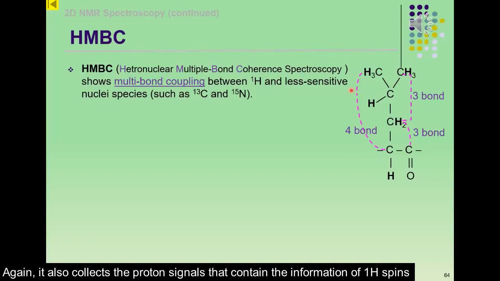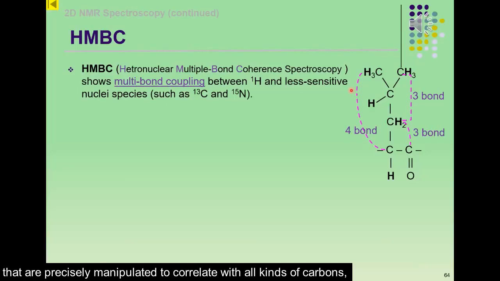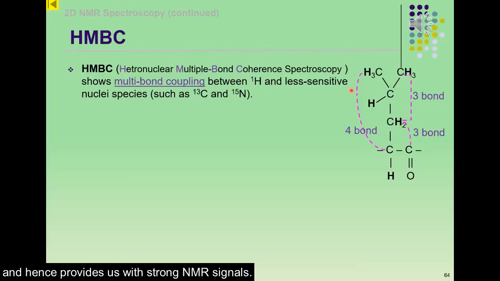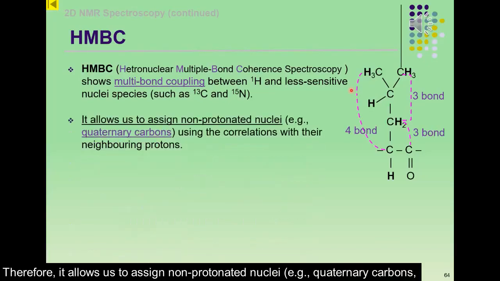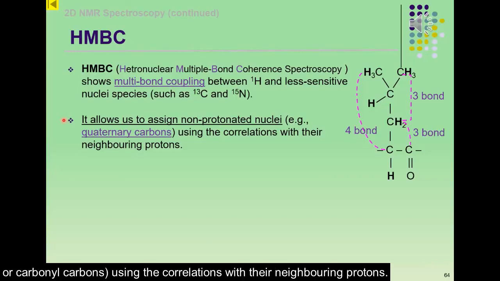Again, it also collects the proton signals that contain the information of 1H spins that are precisely manipulated to correlate with all kinds of carbons, and hence provides us with strong NMR signals. Therefore, it allows us to assign non-protonated nuclei, for example, quaternary carbons or carbonyl carbons, using the correlations with their neighboring protons.